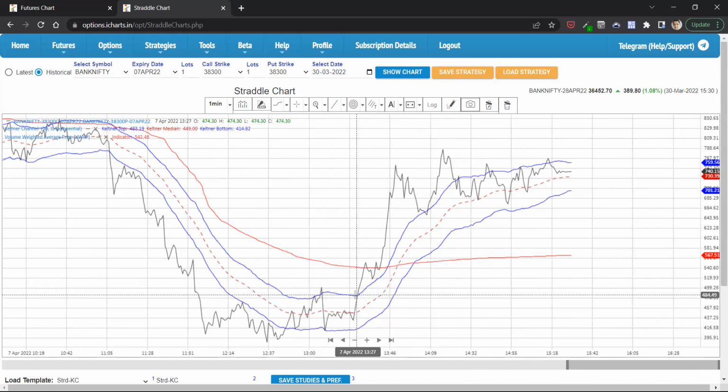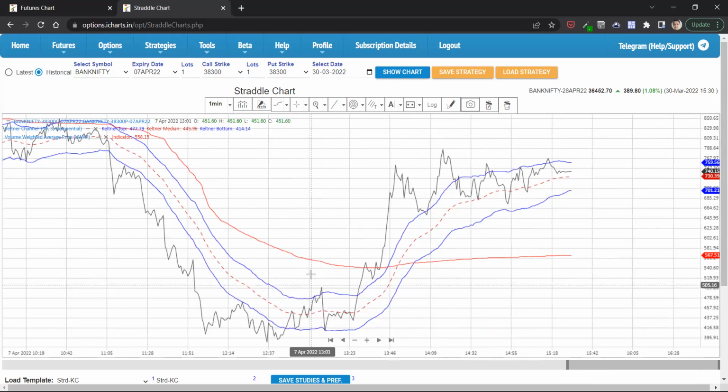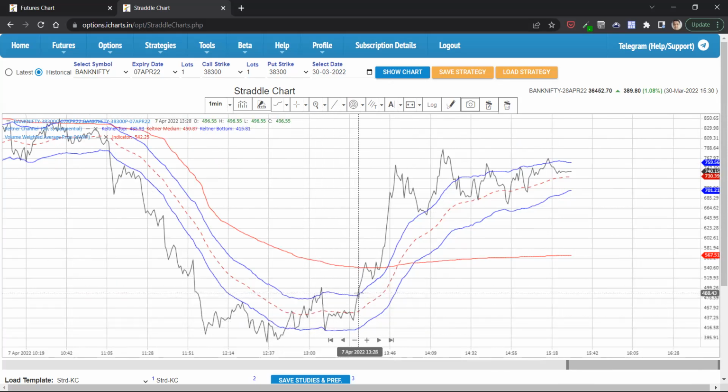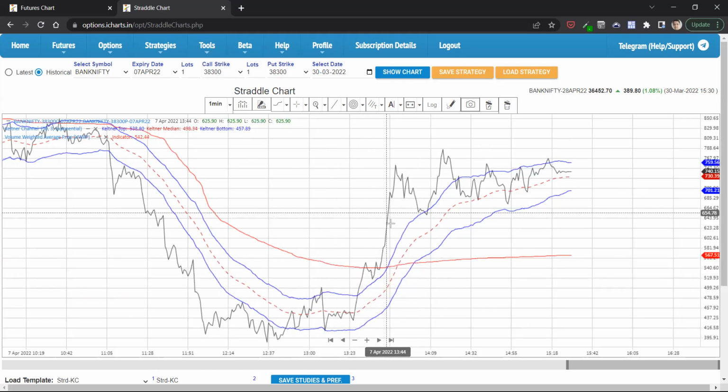Once you see this happening, have a buy limit order on the call side or whichever side the price is going, and only then go, because this will avoid such scenarios. From here, price went down again, your call would have been in loss, and you would have to get into the trade again. If you have a buy limit order above, on the call or put, you would be able to capture the move better.